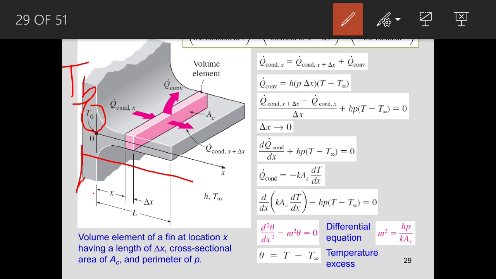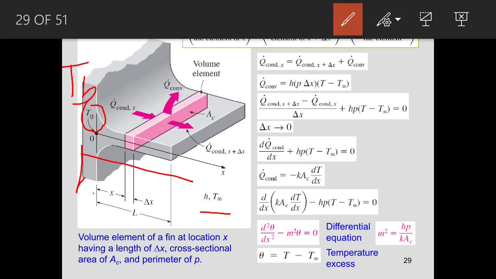Next, we consider an element; the pink area shows the element used to find the fin equation. Here h is the heat transfer coefficient, and T infinity is the temperature of the surrounding fluid which flows over the fin surface.